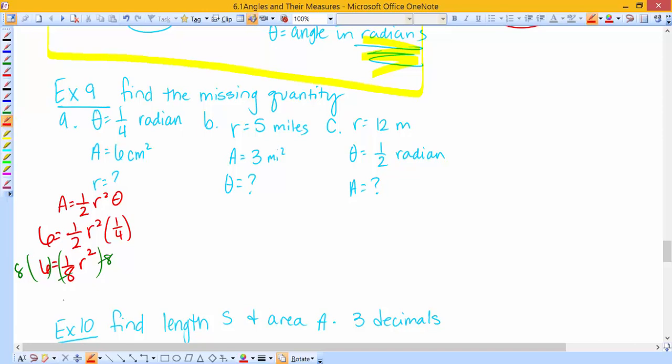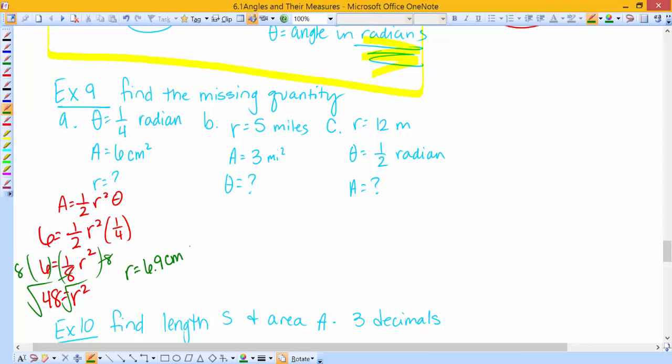So I have 48 equals r squared. And then all you have to do is square root. And I'm going to go ahead and use my calculator here. This is going to be really, really close to 7 point something. So the square root of 48, and you can even simplify this if you want to, leaving it in square root form, radical form. It ends up being 6.9 centimeters for your radius.